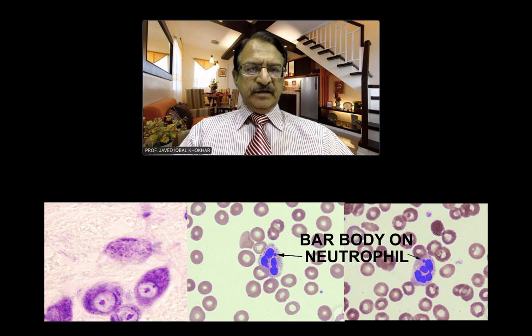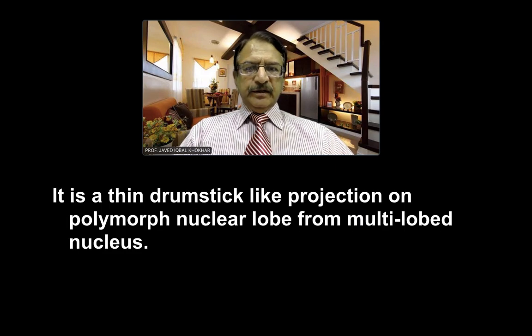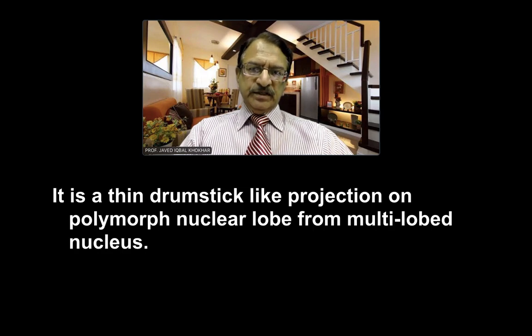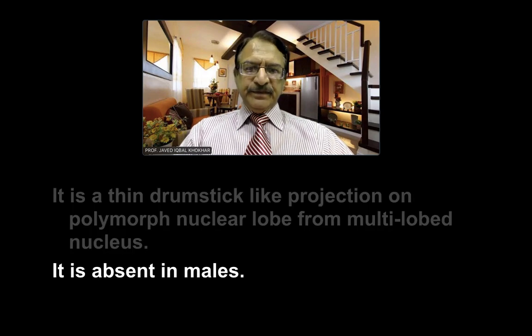This is microscopic examination, Barr bodies on the neutrophils of the blood. Then the Davidson body is a thin drumstick-like projection on the nuclear lobe of the multi-lobed nucleus of polymorphs. So they are present in the neutrophils, on the polymorph nuclear lobes. It is absent in males.